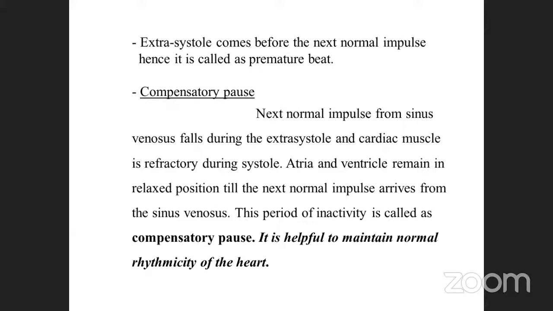This period of inactivity is called the compensatory pause, and it is helpful to maintain the normal rhythmicity of the heart. And when the normal rhythmicity is maintained, ultimately it helps provide the proper amount of blood to the tissues. Is it clear?